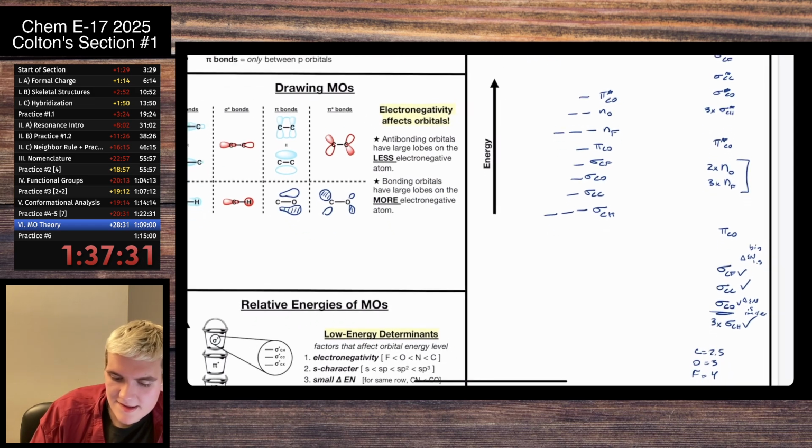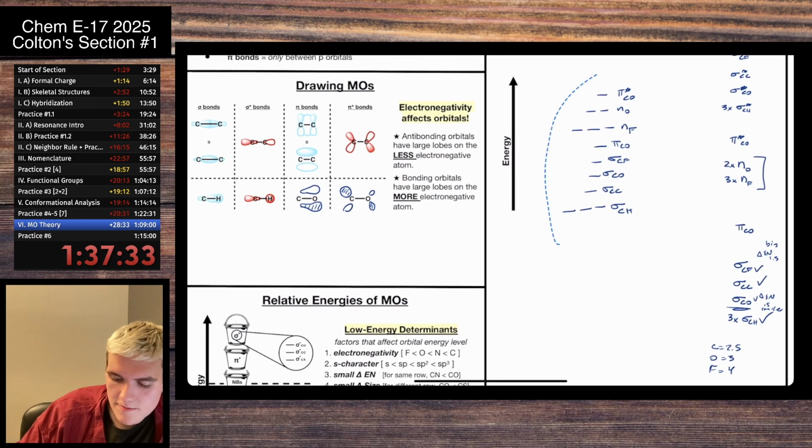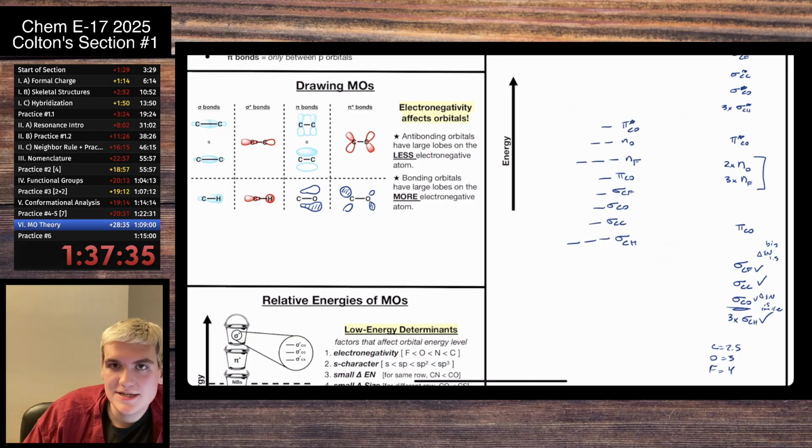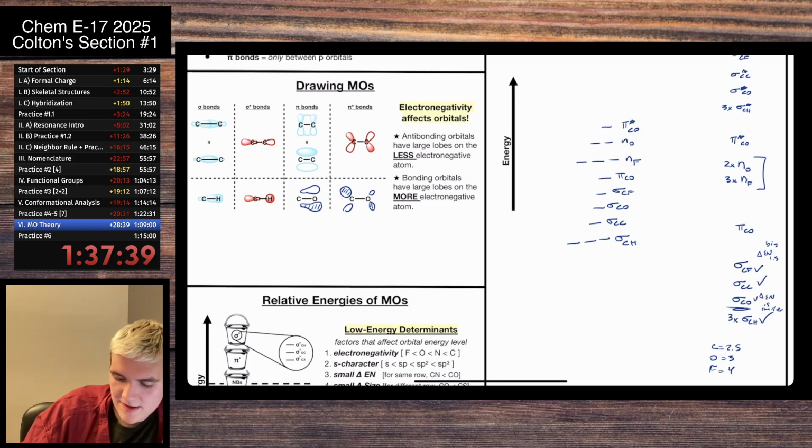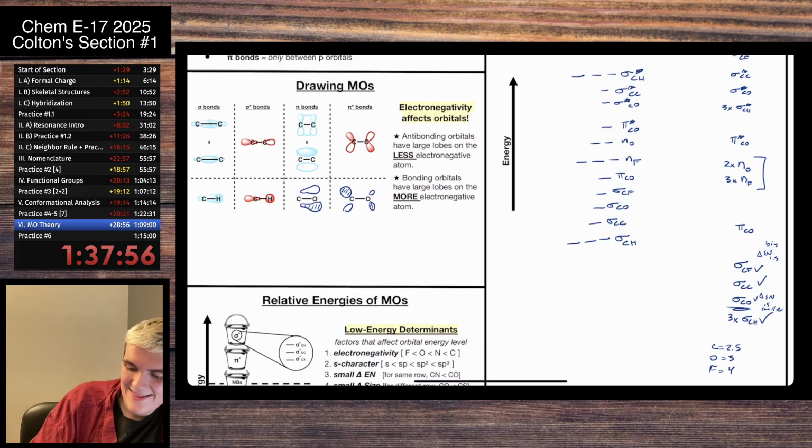And then this top part, the sigma star, well, we already did the hard work with the sigma, and now we just need to do the symmetric inverse of this. So if the sigma CHs were the lowest, we know that the sigma star CHs are the highest. Then we have the sigma star CC, and then we have the sigma star CO. And then last we have our sigma star CF.